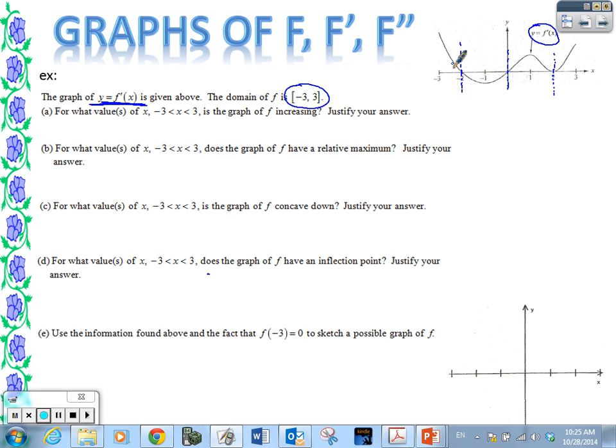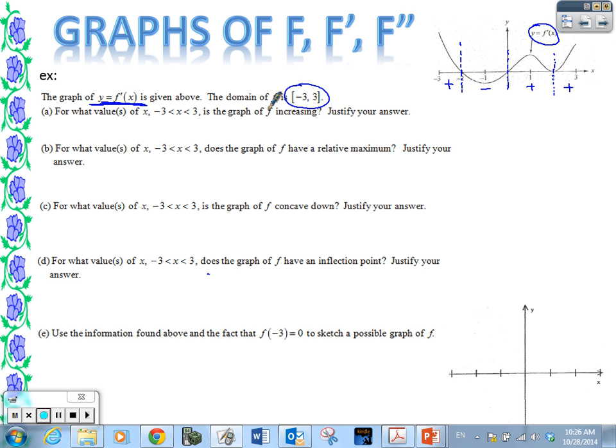My y value here is positive, so this would be a positive section on my sign chart. This y value is negative. This y value is positive, and that y value is positive. So that is a sign chart for my first derivative. That just helps me answer whatever questions they're going to ask me about the first derivative. All right, so part A says, for what values of x between -3 and 3 is the graph of f increasing?